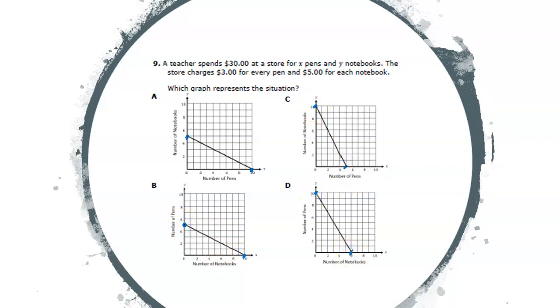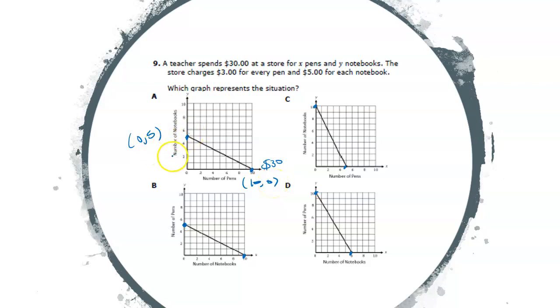So for A, my x-axis would be at 10, 0. My y-axis would be 0, 5. All right, so it says number of pens. So that would be 10 pens and 0 notebooks. So pens are $3, so that would be $30 plus 0 for the notebook, so that would work.